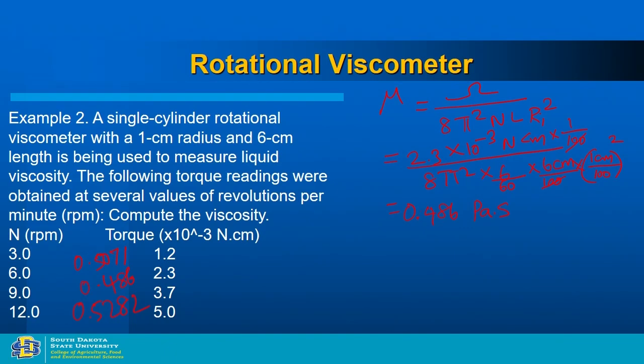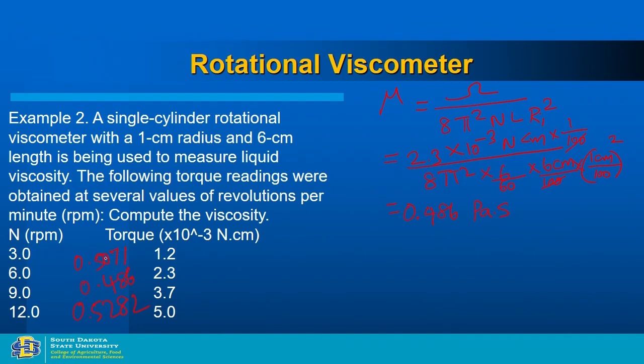It cannot be anything else, whatever we have studied so far. If the number were a little bit higher than this and higher than this, then we would have said that it's a shear thickening. But it's very small numbers, and for all practical purposes, it's a Newtonian fluid. Any questions?